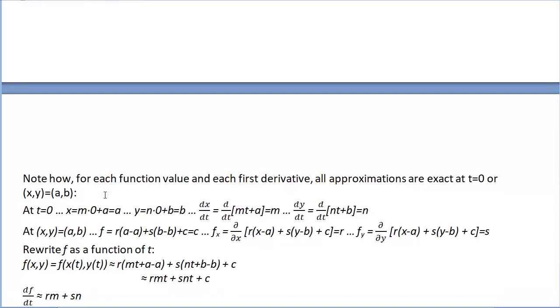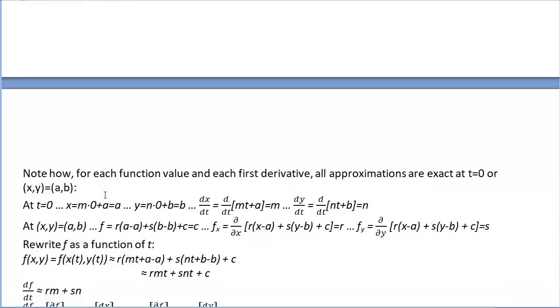And now we can do a calculation for df/dt, and once again, it's all approximation. So df/dt is approximately rm plus sn. Now remember, I used the letters r and m and s and n to represent derivatives. Let's go back and plug in what those derivatives were.